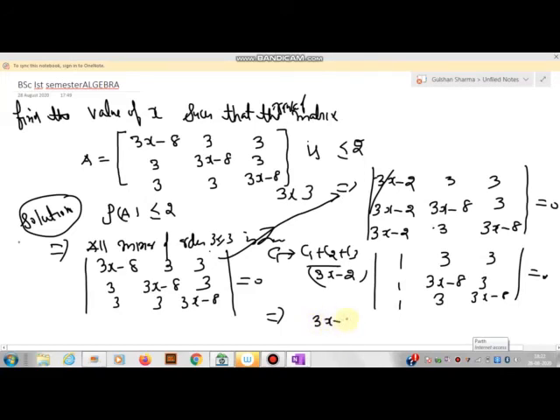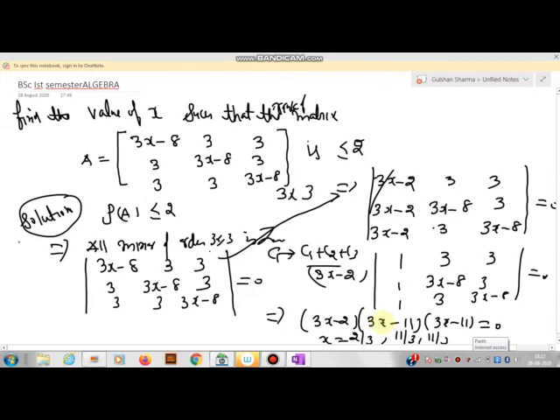When we expand this one, 3x minus 2, 3x minus 11, 3x minus 11 equal to 0. So I will get x is equal to 2 by 3, 11 by 3 and 11 by 3.